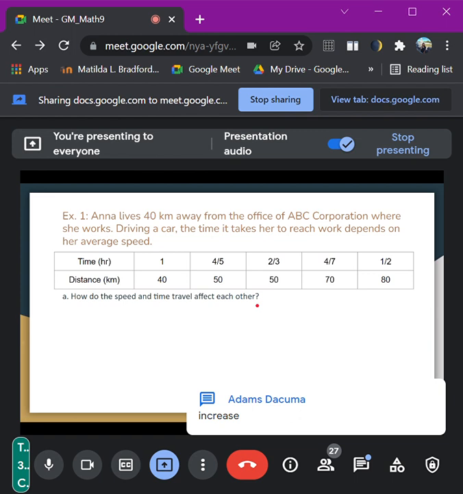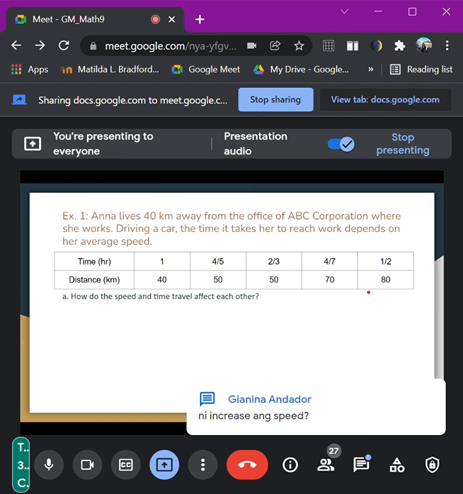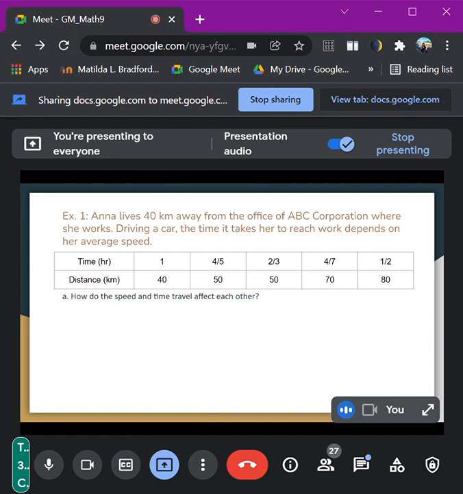Okay, increase ang unsa. Tanawon ra gyud nato ang table, class. Naunsa ang oras ug naunsa ang distansya. Okay, ni-increase ang speed and then naunsa ang time. Time and distance ni-increase. Remember that is 1 hour, then dinhi kay 1/2 hour.